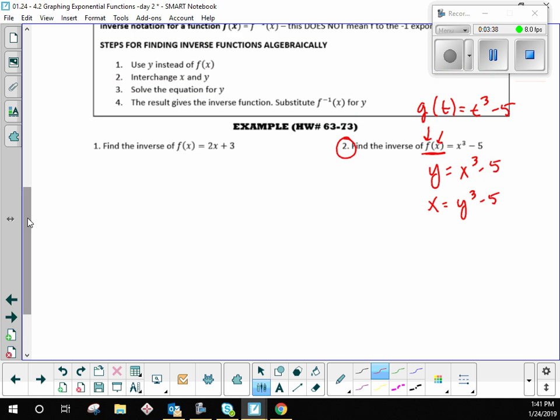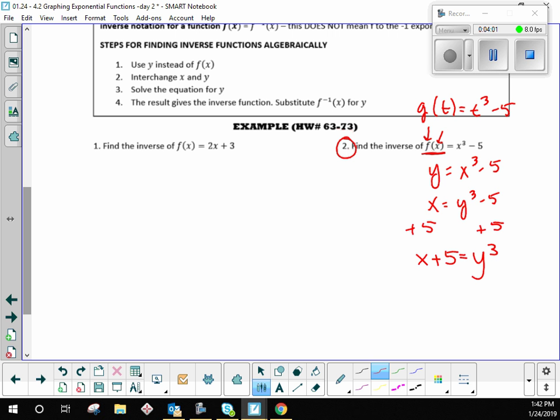Okay, but I want to find the inverse function, and when we define functions, it's always like y equals something. Right now I have y being cubed and then a minus 5, so I need to get y by itself. I'm solving for y, so I add 5 to both sides. x plus 5 equals y cubed.